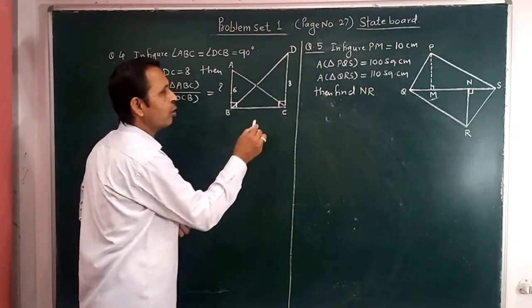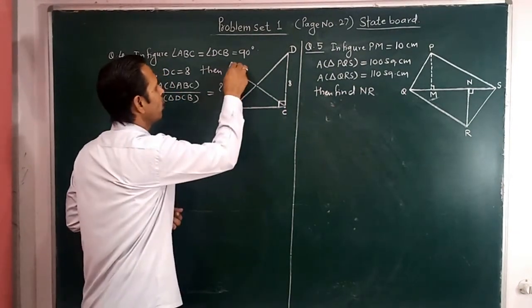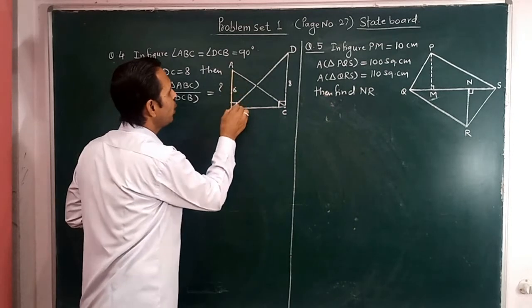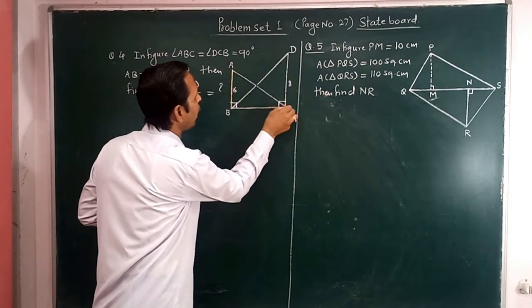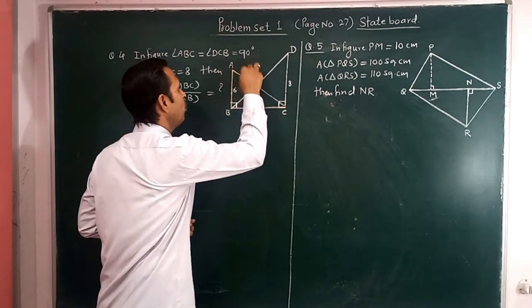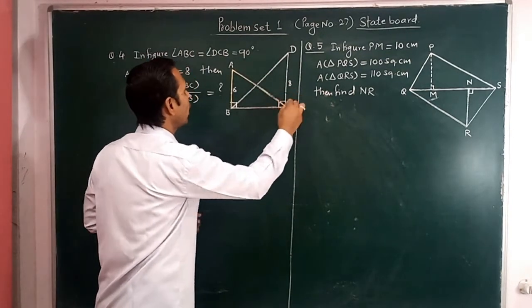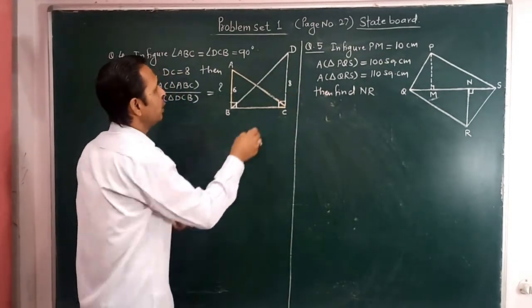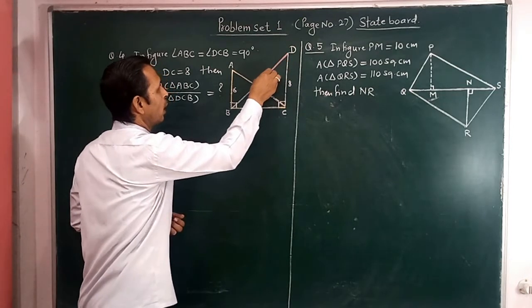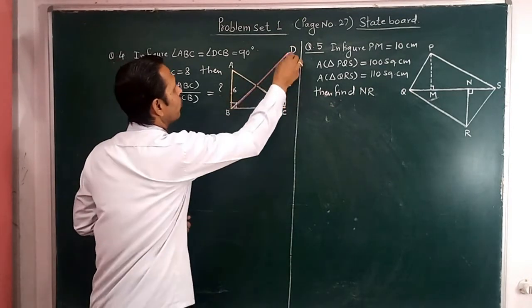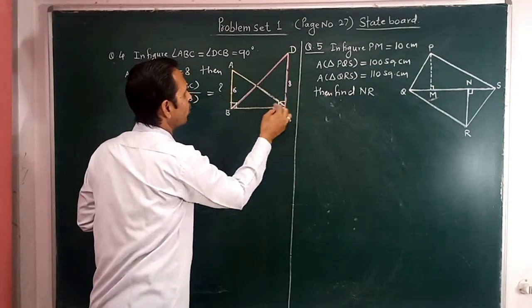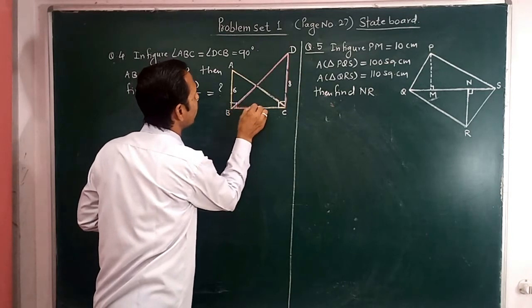BC is the base of these two triangles, that is triangle ABC, and also the same base is of triangle BCD. See that this is triangle BCD and the base of these two triangles is the same.